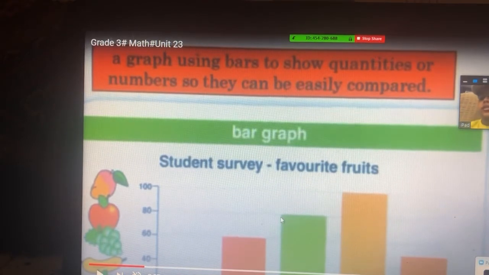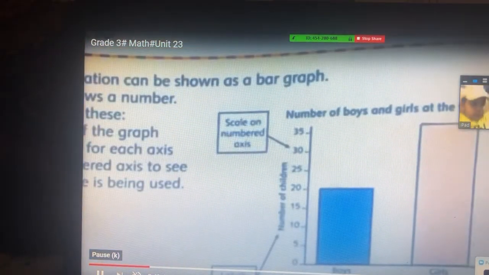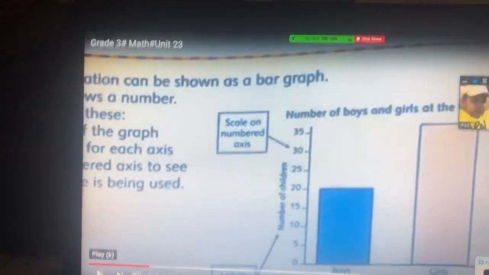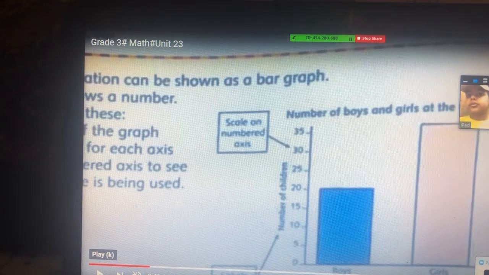Okay, let's open our book, Yasin, page number 98. Do you have the book? Yes. Okay. In page 98, we have this part that is written up, which is very important because it helps us to know exactly what we have to focus on. It's about bar graph. Would you read? I'm going to help you in reading.